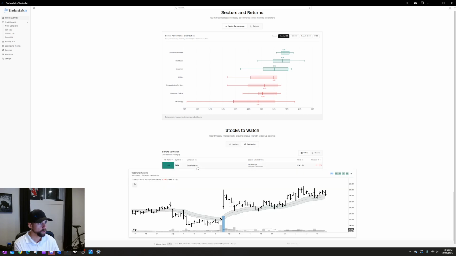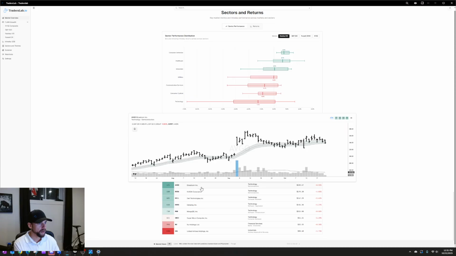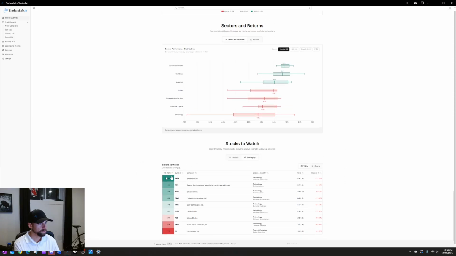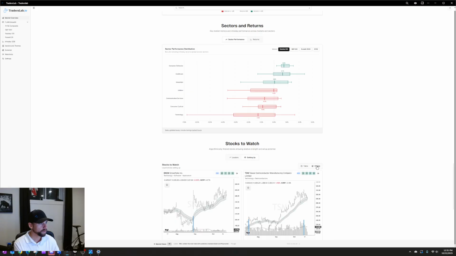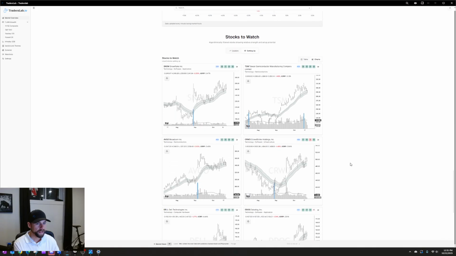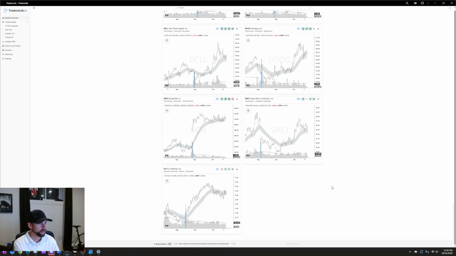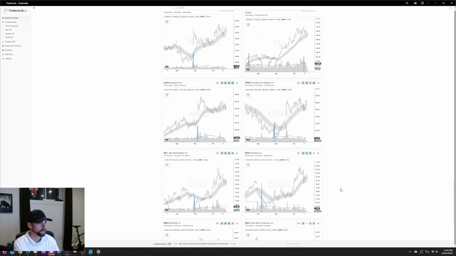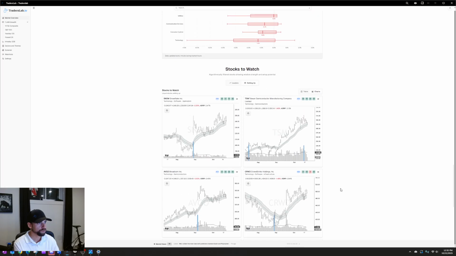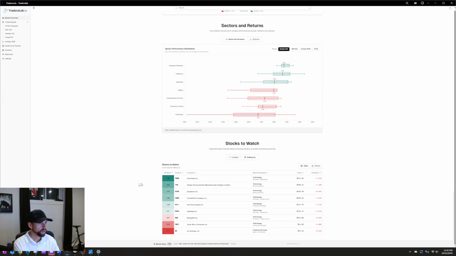You can go name by name and review them, or you can go into chart mode and get your mini charts to quickly assess the stuff setting up in the liquid leaders universe. So really like this one. Personally started using this one this week, and so far so good. That's a quick way to access the setting up stocks.